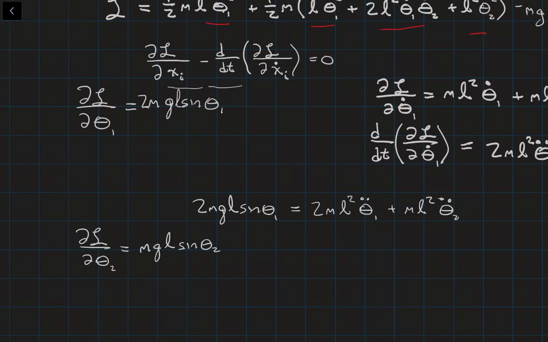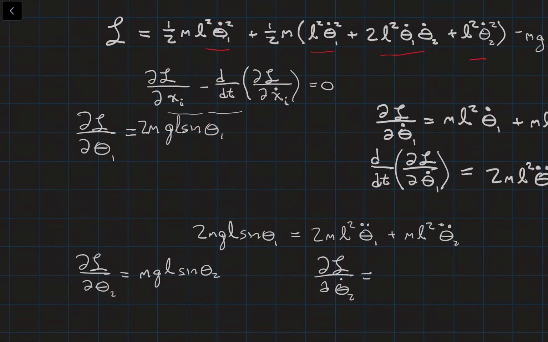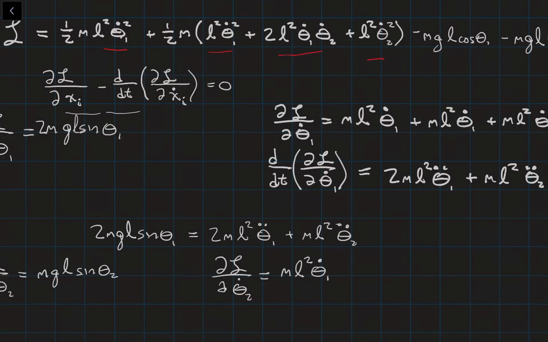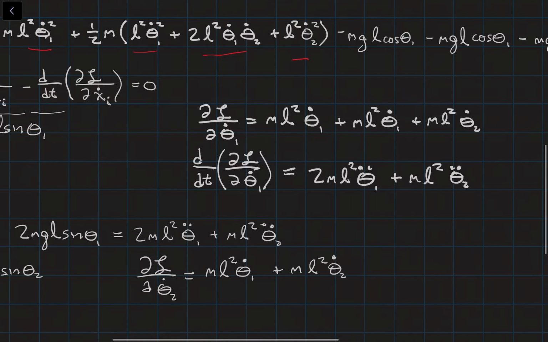So now we need to take the partial derivative of the Lagrangian with respect to theta 2 dot. So this will just be mL squared theta 1 dot plus mL squared theta 2 dot from that middle term.